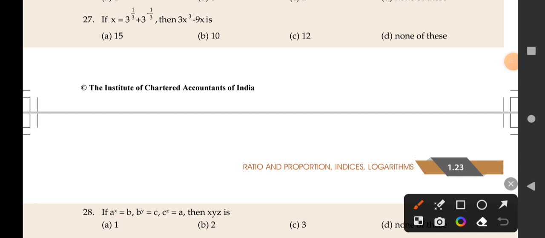Again, this is a similar equation for the special formula, the formula that we have already studied.